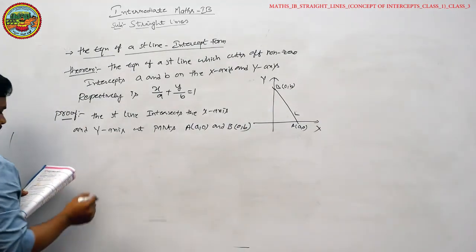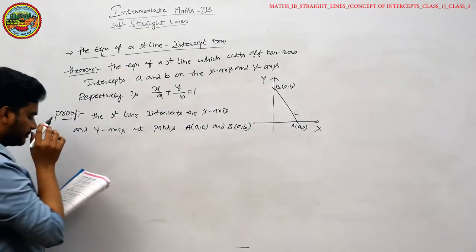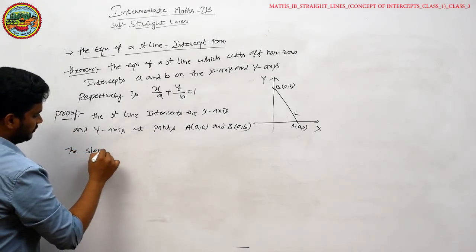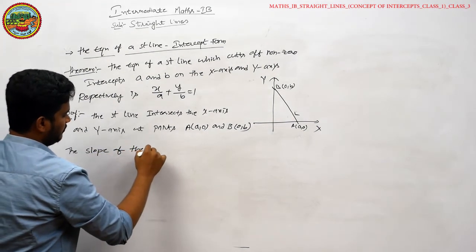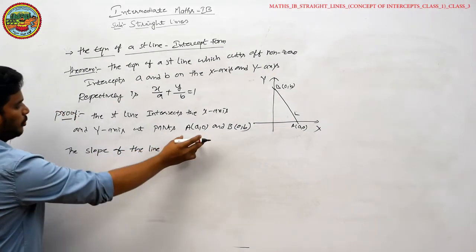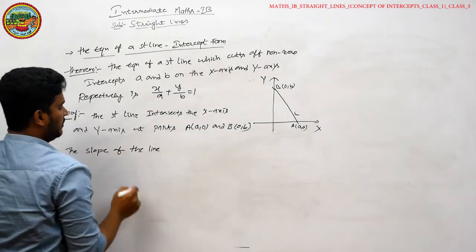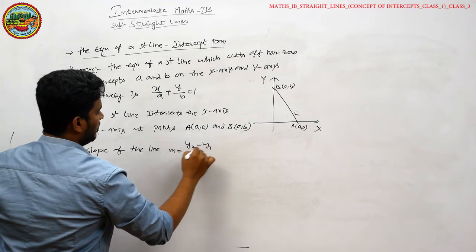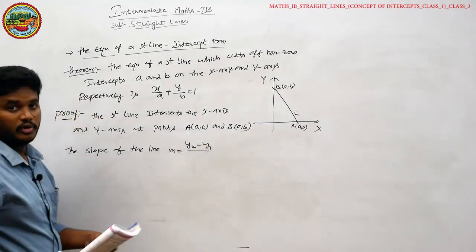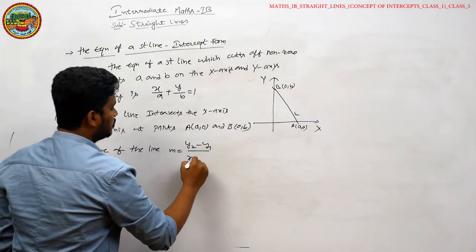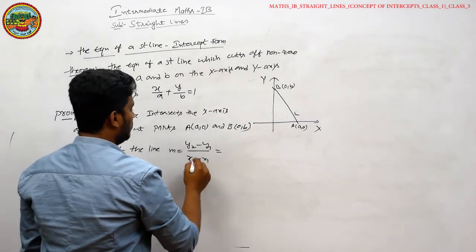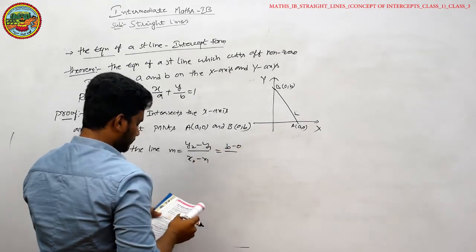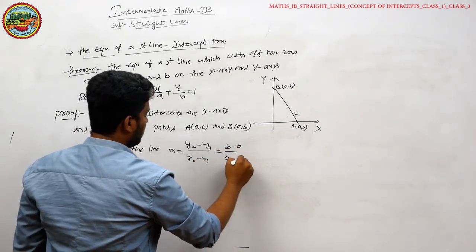Okay. So therefore the slope of the line. Here we have 2 points A and B. The slope of the line m is equal to y2 minus y1 by x2 minus x1, using the 2-point form, which is equal to 0 minus b by 0 minus a.